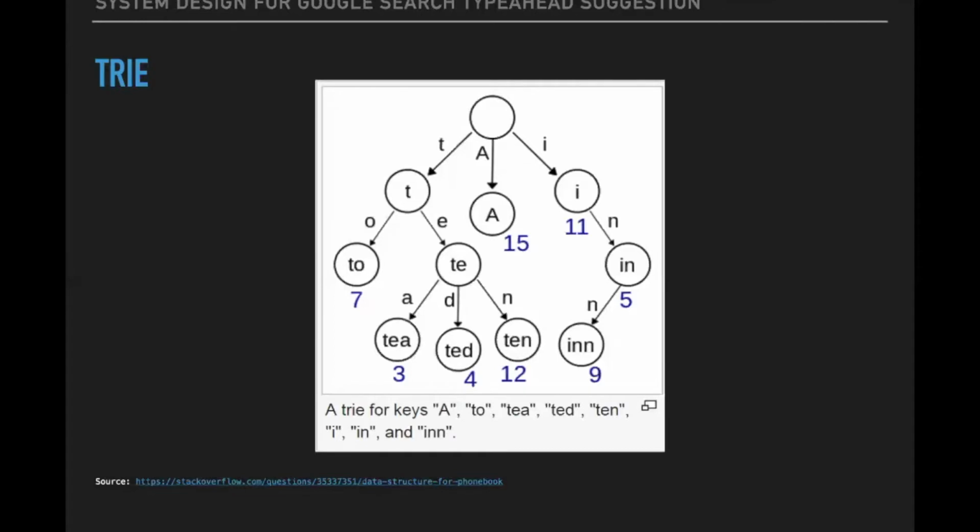So a trie is used in those scenarios when you have to search from a big text, and you want to store that text in a format which is very suitable for search. And this trie structure is exactly used for that.